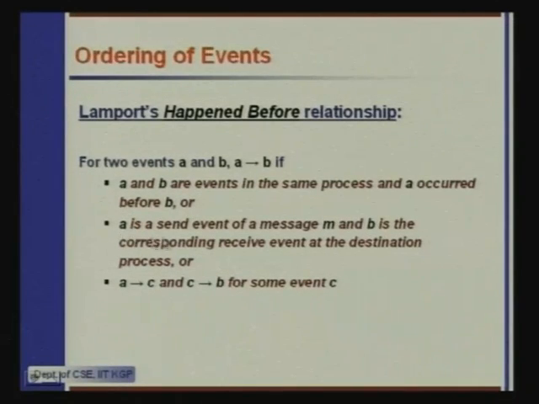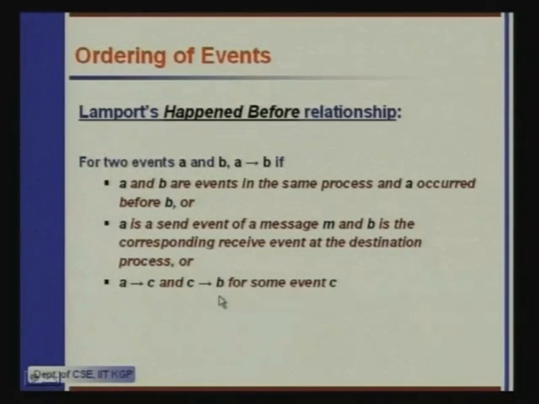Or A happened before B if A is a send event of a message M and B is the corresponding receive event at the destination process. Then we say that A happened before B, because A is the send event and B is the receive event. Apart from this, we use the transitivity relation: if A happened before C and C happened before B, then A happened before B.